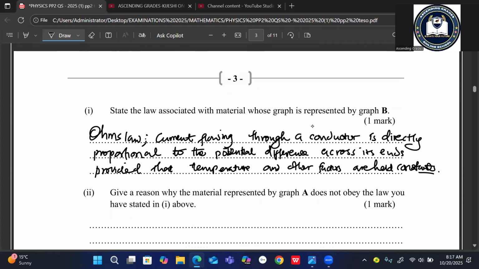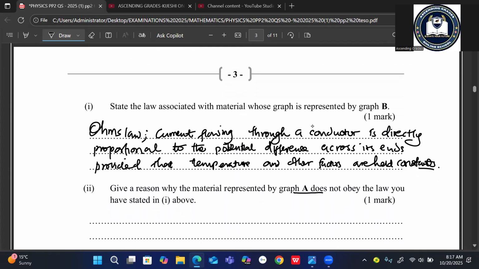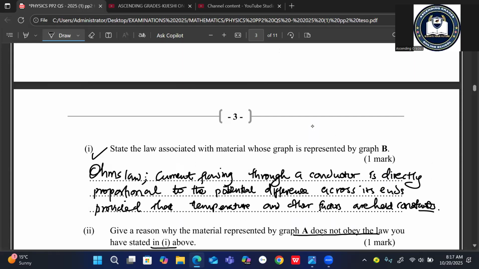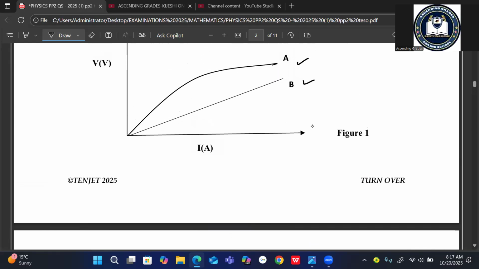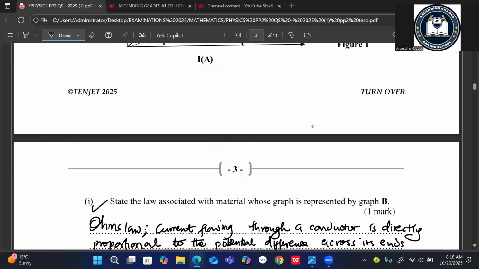Give a reason why the material represented by A does not obey the law you have stated above. So we have stated Ohm's law. If you look at it, this one is not obeying Ohm's law. It is not a straight line, no proportionality.